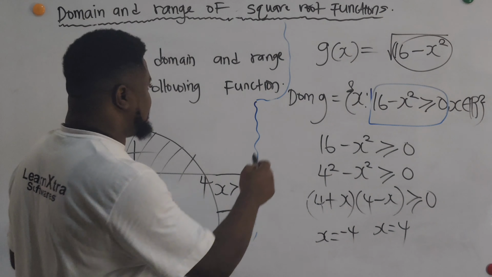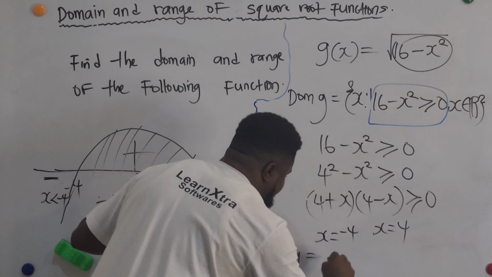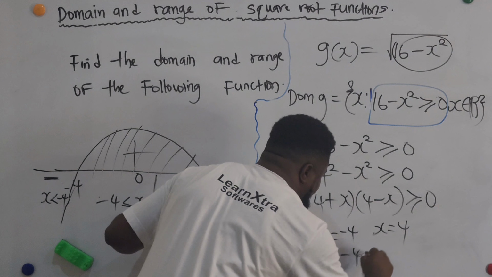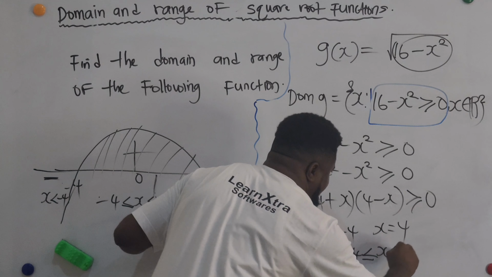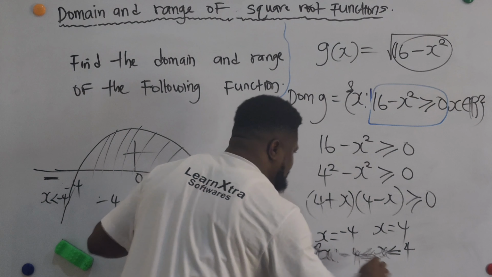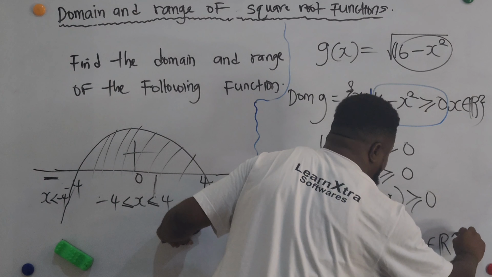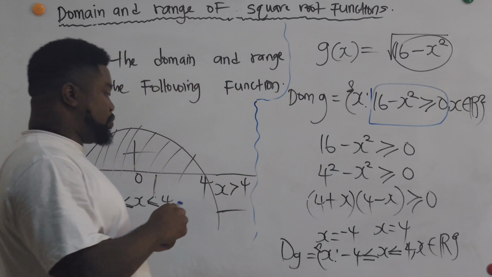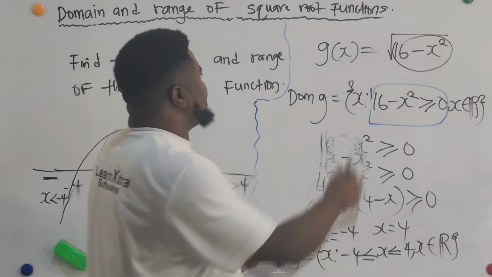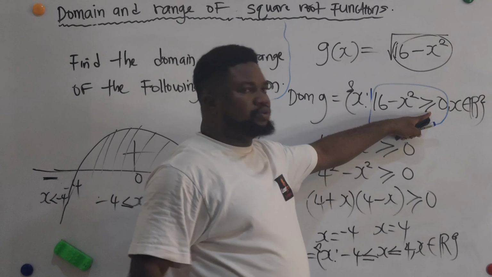So my solution set is that my domain, dom G, is x such that -4 is less than or equal to x is less than or equal to 4. And I was too fast in solving this because I assume you have an idea of inequality. Domain for a square root is simple. It's just to say everything inside my square root is bigger or equal to 0.